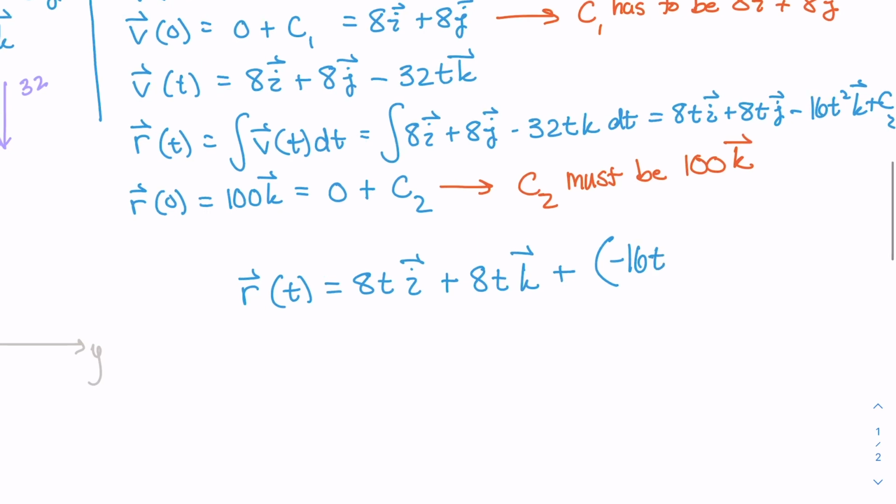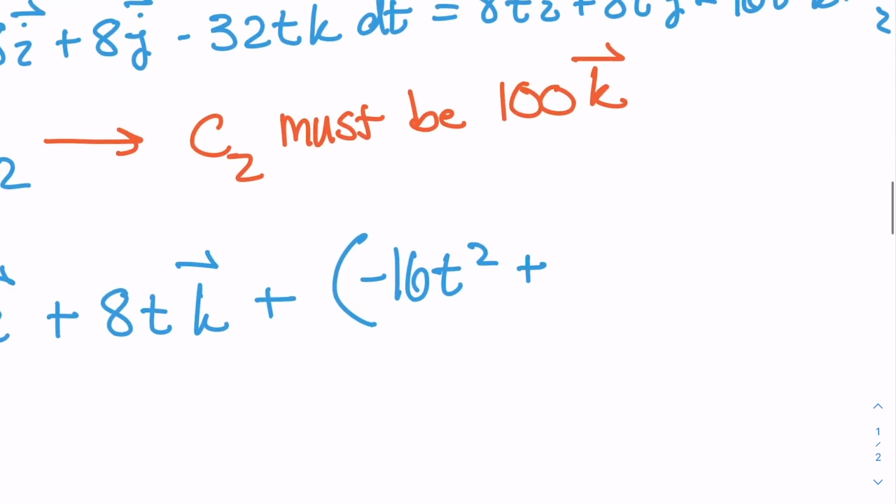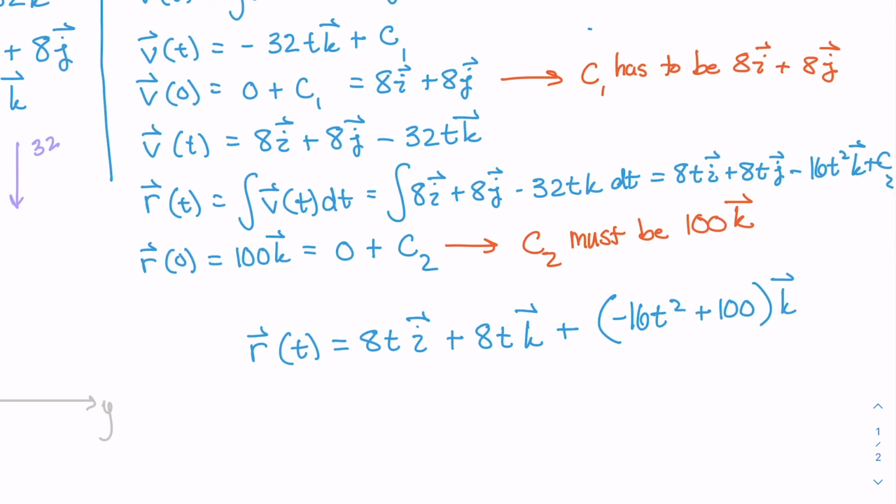And then, because the constant only has a k component, we're only adding it to the k function, so plus 100, all of that in the k direction. So that is the final flight path for a paper airplane.